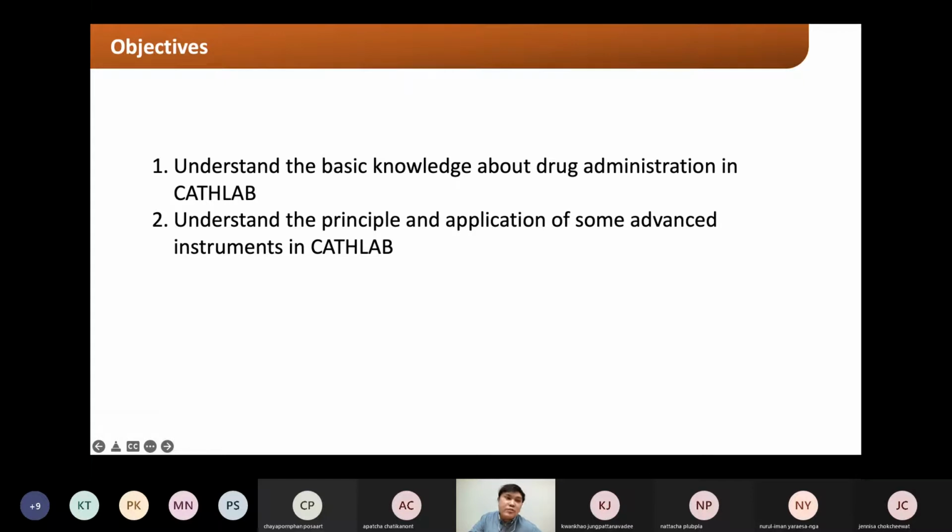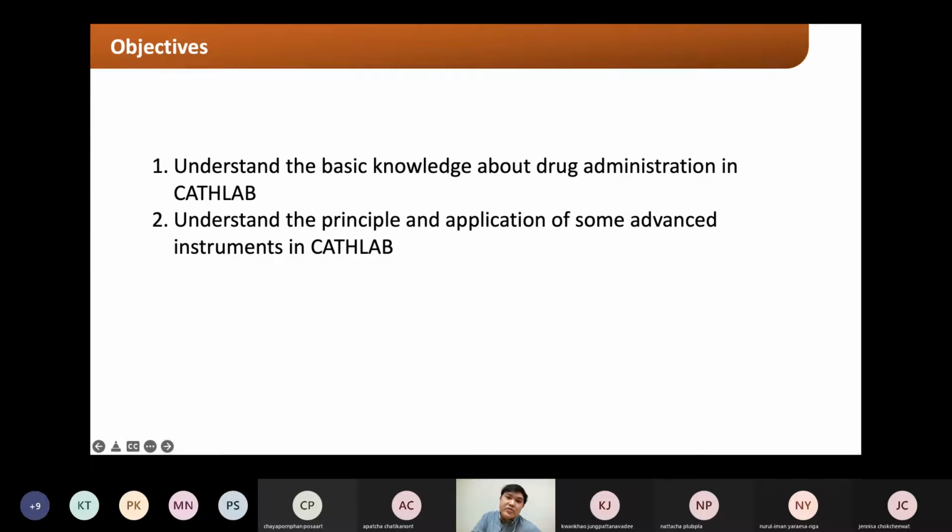But anyway, I don't want you to remember all these drugs. It's just important that when you are the scrub technician or circulating technician, you have to manipulate or give those drugs to the patient.